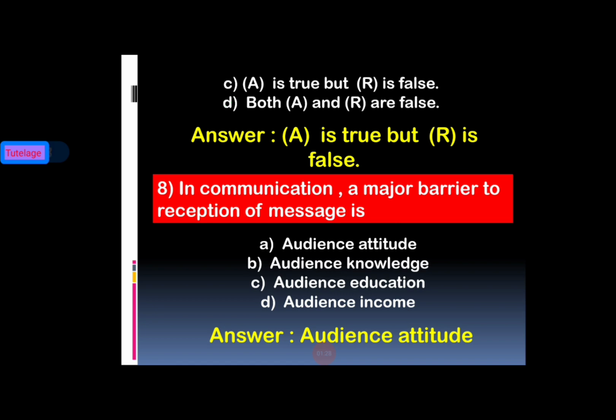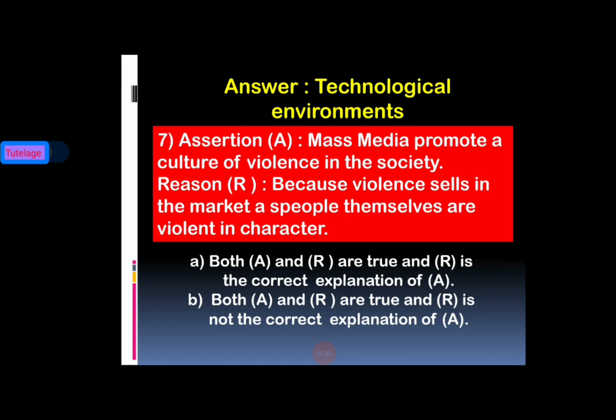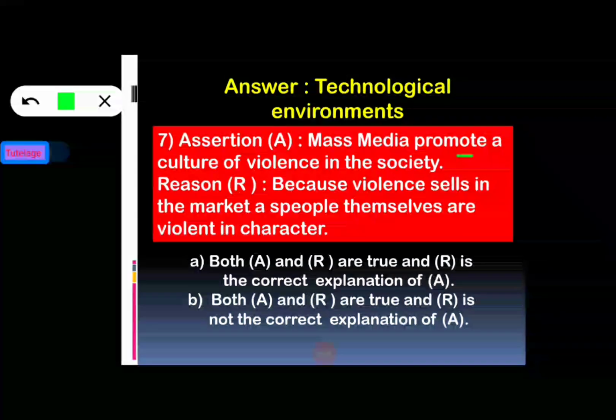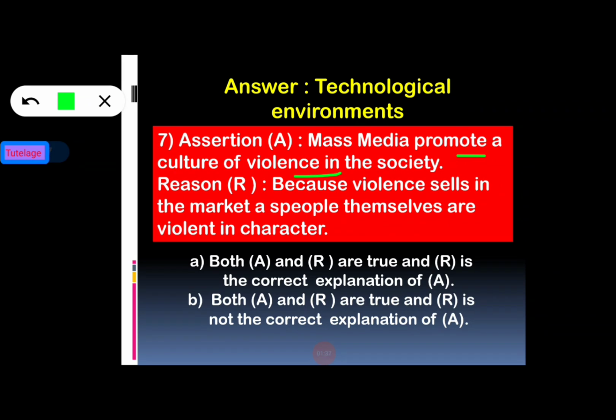So now going to the previous slide, what is assertion? So assertion is basically mass media promote a culture of violence in the society. It is true, but the reason, that is because violence sells in the market as people themselves are violent in character, the reason is wrong.